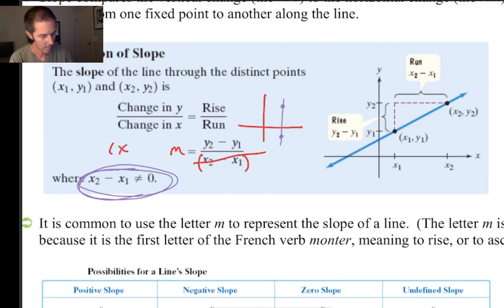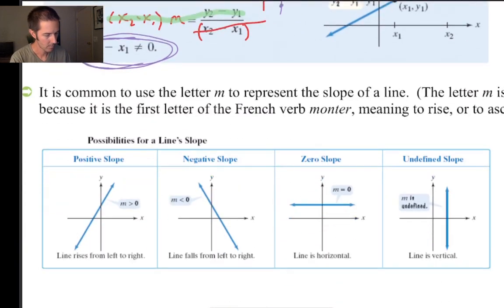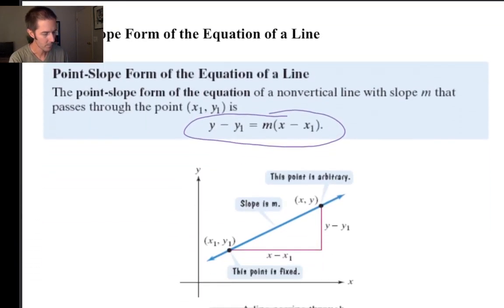It would appear up here multiplied by the m, and this equation really is this equation. So the relationship between point-slope form for a line and the calculation of slope, those 2 things are obviously very related.